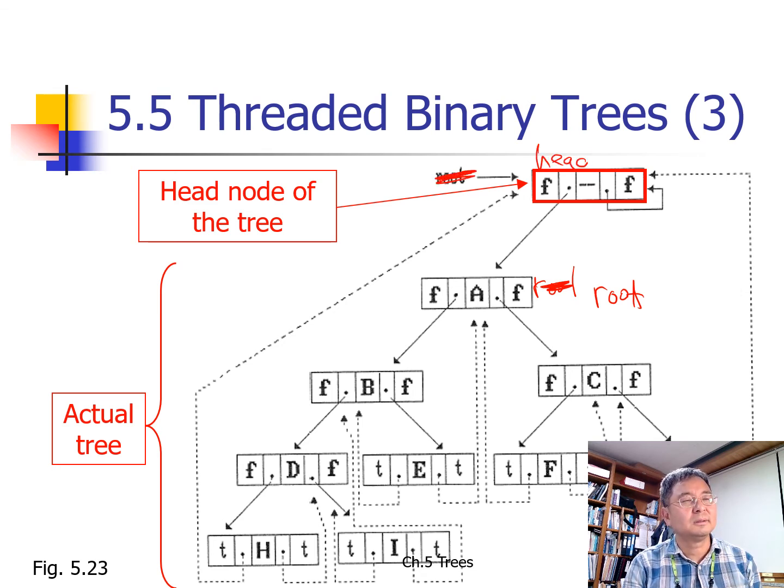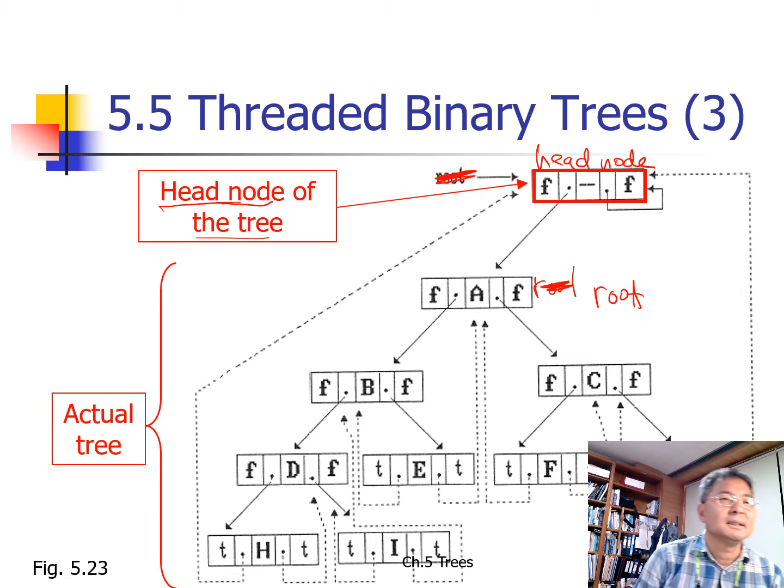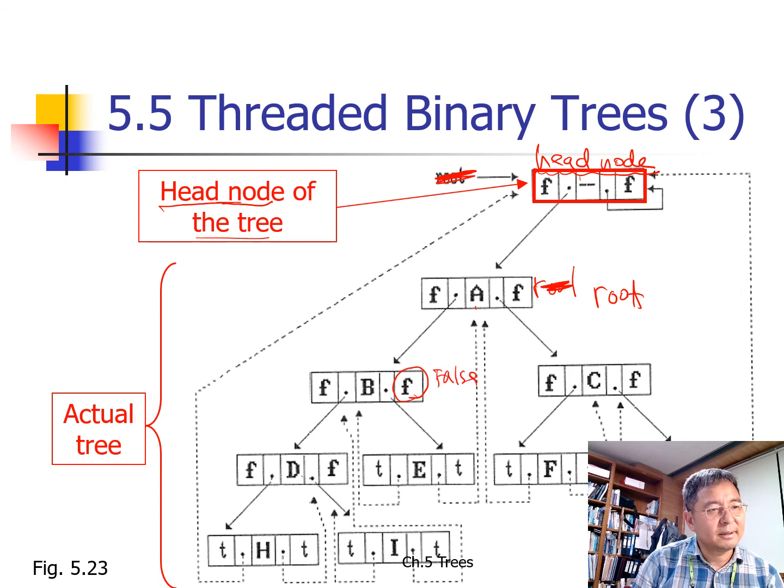This is a header node, as written here, the head node of the tree. This is an artificial head node, and this is the actual tree, with A, B, D. This value is false, and this value is true. Can you recognize it? Yes.